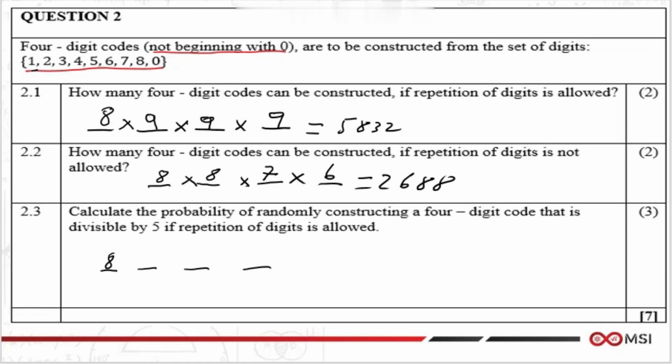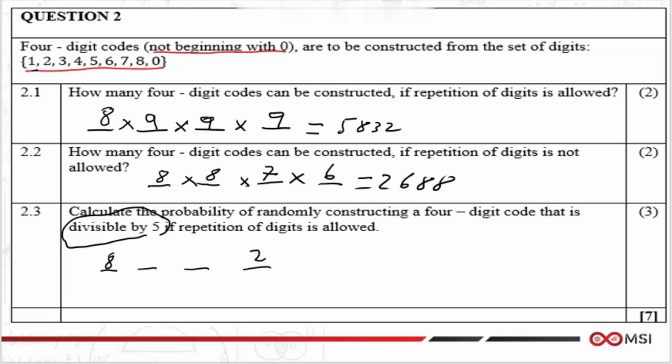The other condition, the code must be divisible by 5. So in order for a code to be divisible by 5, that code must end with either a 5 or a 0. Then therefore there are only 2 digits that can occupy this position. It's either a 5 or 0.